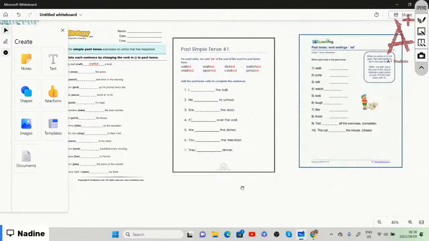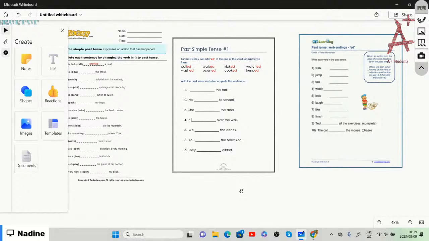All right, so now we're going to do a little activity with the past simple tense. The instructions say that for most verbs we add ed at the end of the word for past tense. We are going to add these past tense verbs to complete the sentences.